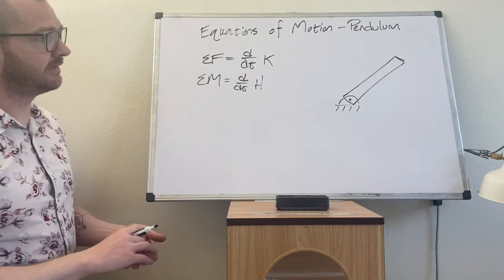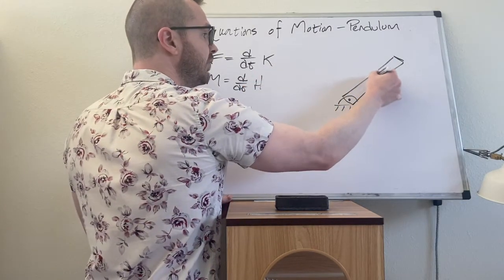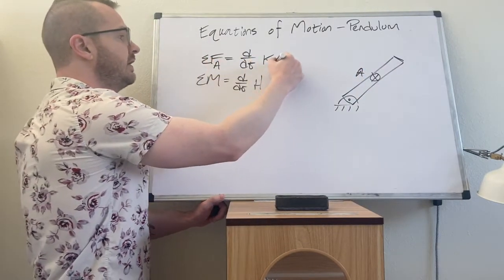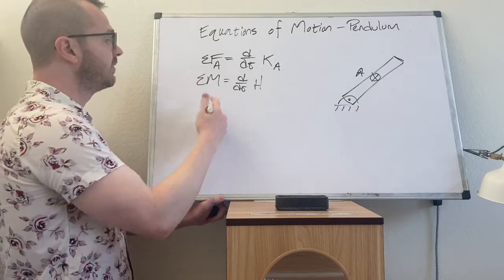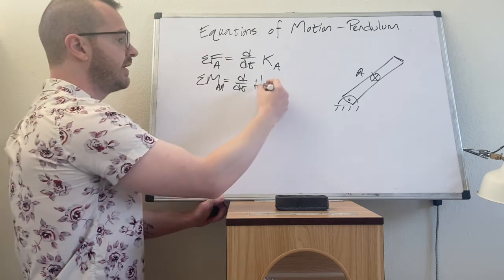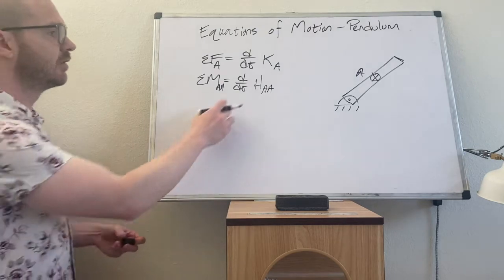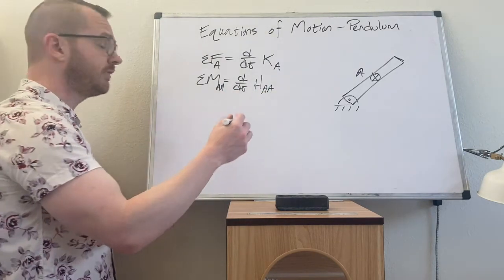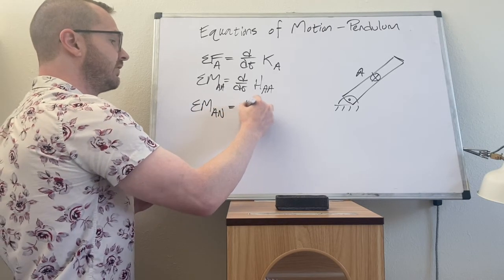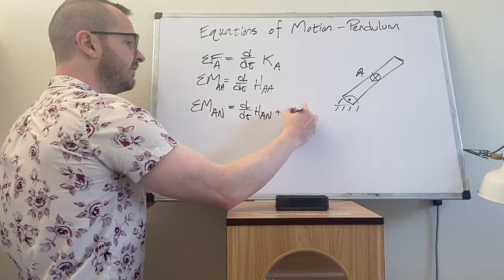Now, we're going to look at this system. There's only the one rigid body, so we're going to call this body A with center of mass point A. So we can say the sum of forces on A is the change in linear momentum of A. We're going to look at sum of moments on A about A. So there we're looking at the change in angular momentum of A about A. And then we're also going to do sum of moments on A about N, and that's going to be ddt of HA about N, plus dot, dot, dot, because there's some other terms in there.